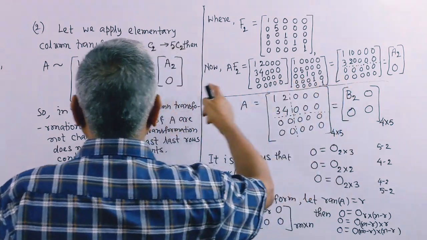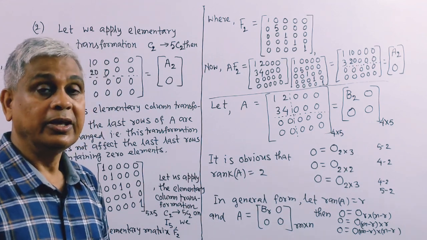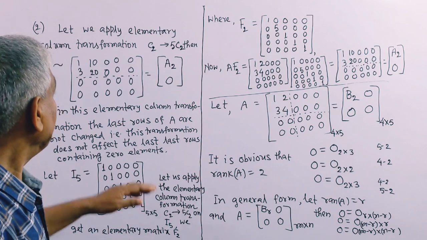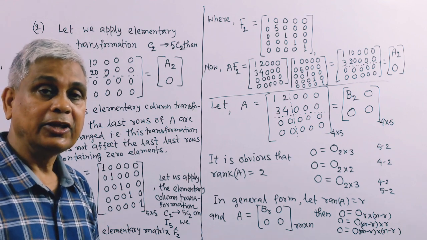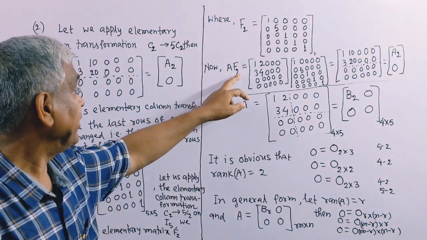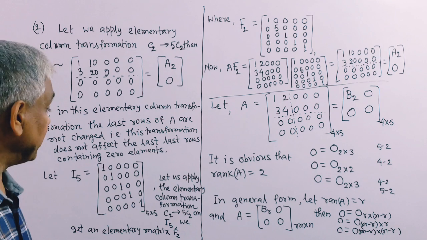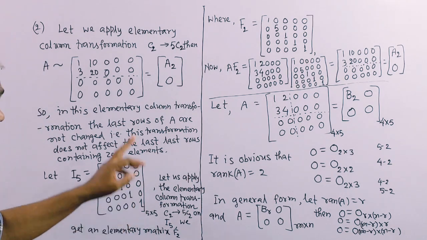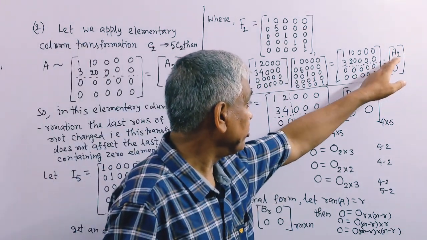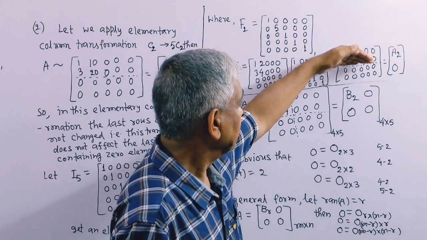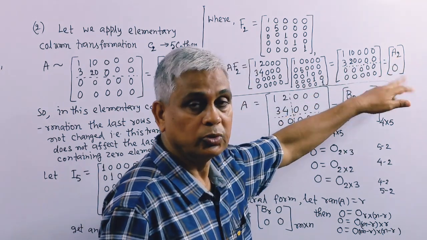This is the same as this reduced form of A. So if we apply the elementary column transformation C2 ⇒ 5C2 on A, and if we post multiply the corresponding elementary matrix, meaning we apply the same column transformation on the unit matrix I5, we get the same result and the same form here: A2 and 0, the upper 2 rows non-zero rows, that is A2, and the lower part is 0 rows.